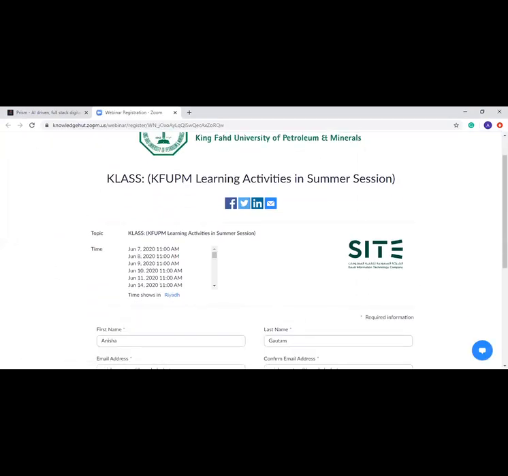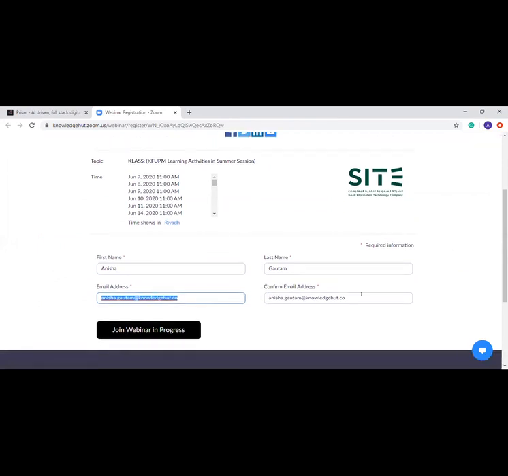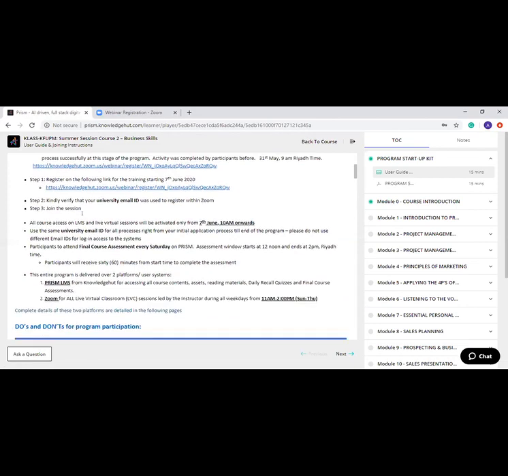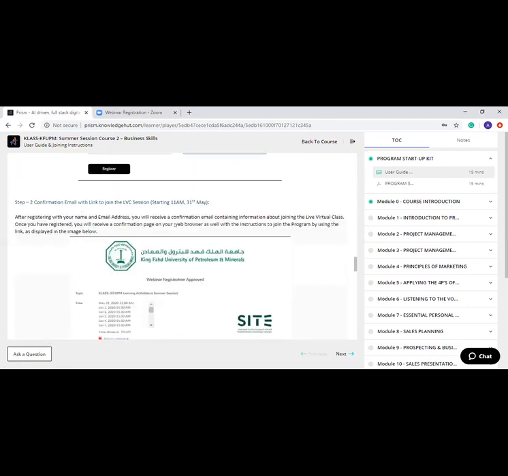You'll get this page where you need to enter your first name, your last name, your email address. This should be the same email address that you've used to register on Prism, and that will be your university email address. Once you click on join webinar in progress, you'll get a page that looks like this.